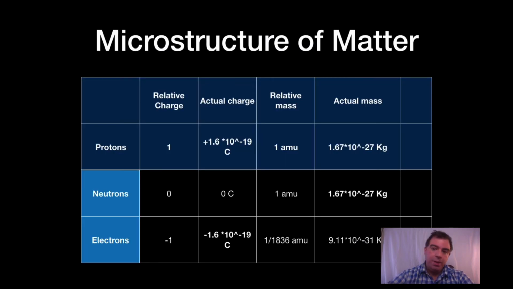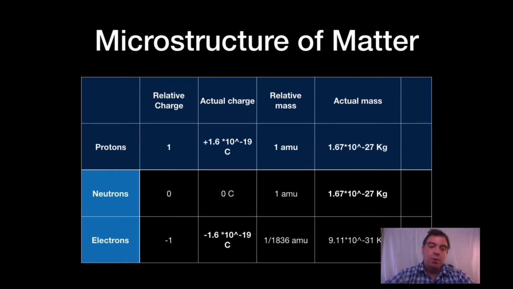So, as you recall from chemistry, we studied matter extensively, and we saw that an atom is simply composed of a nucleus that houses the protons and the neutrons, and an electron cloud of electrons that move around in orbitals within the atom.